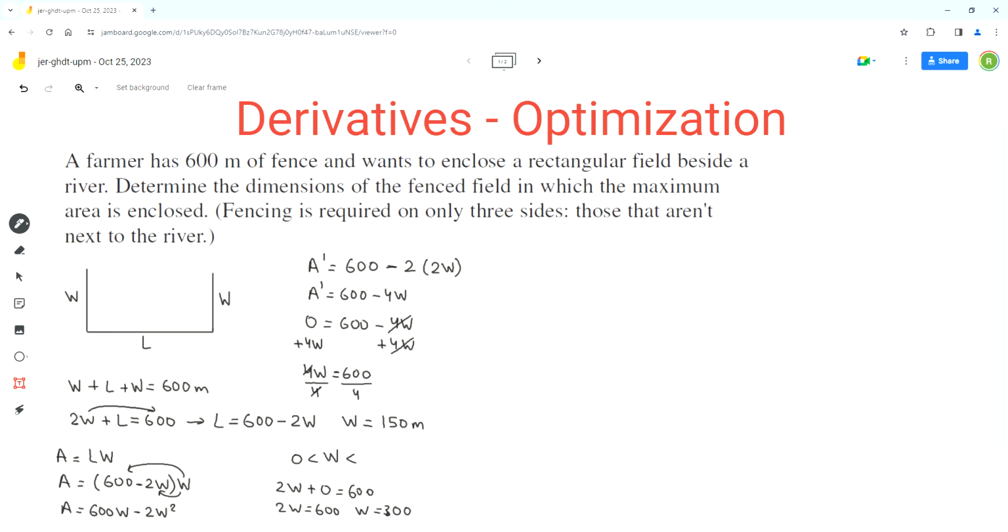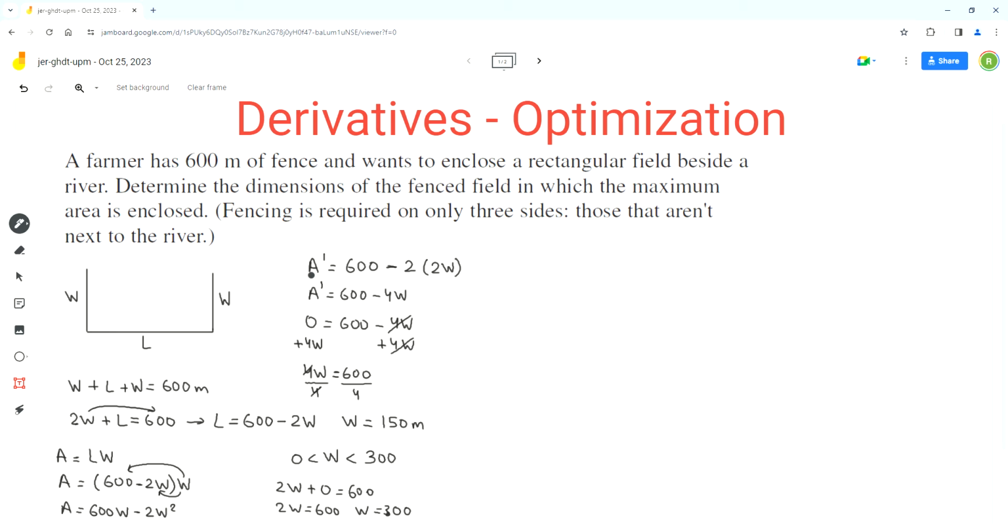So that means the maximum possible value for W should be less than 300 because we get this 300 value at L equals 0, but L cannot be equal to 0 because then the rectangle will become a straight line.